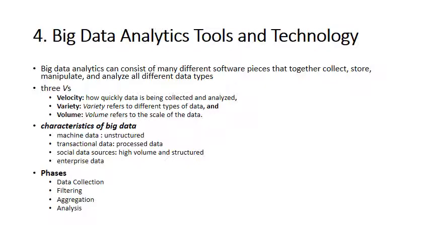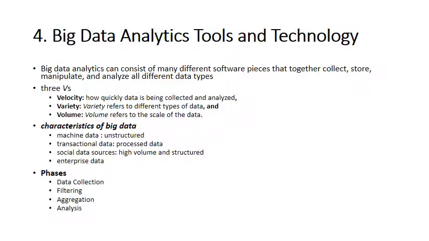There are so many algorithms and technologies available for BDA. So what is BDA? BDA is all about the different types of data coming from different locations. That can be huge data, and different types of data. It may be semi-structured, structured, or unstructured data. There are three important characteristics, the three V's: velocity, variety, and volume.